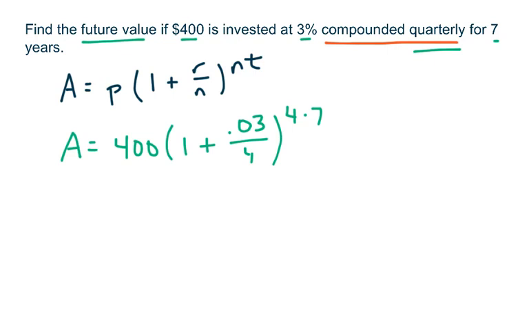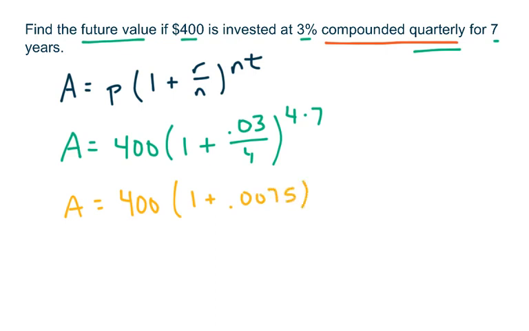And I have A equals 400 times 1 plus. Okay, I've got to do that division inside the parentheses, 0.03 divided by 4, my calculator gives me 0.0075.